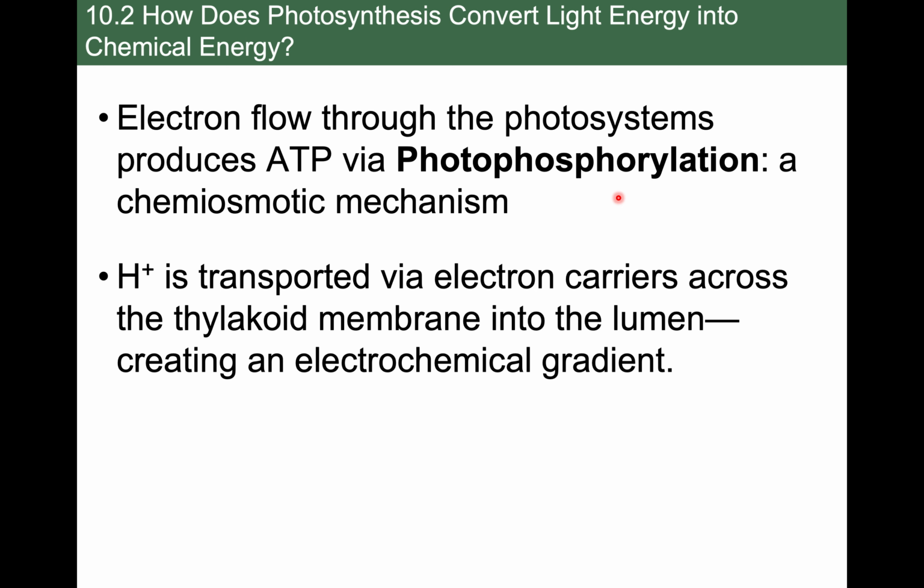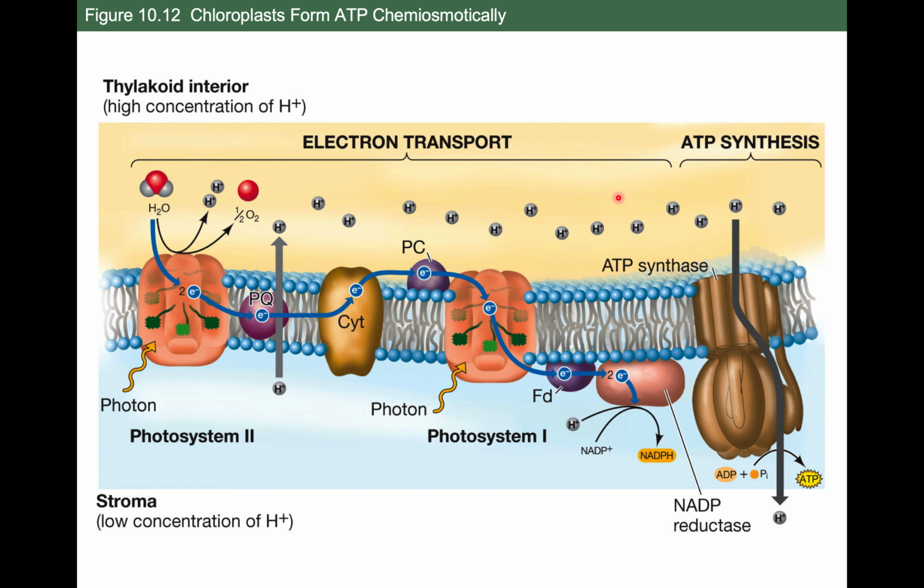In this case, it's photophosphorylation because we're phosphorylating ADP to make ATP utilizing photons of light. But the good news is if you are comfortable with the ATP production process in mitochondria during cellular respiration, you're not going to have a problem with this because it's basically a variation on the same theme.